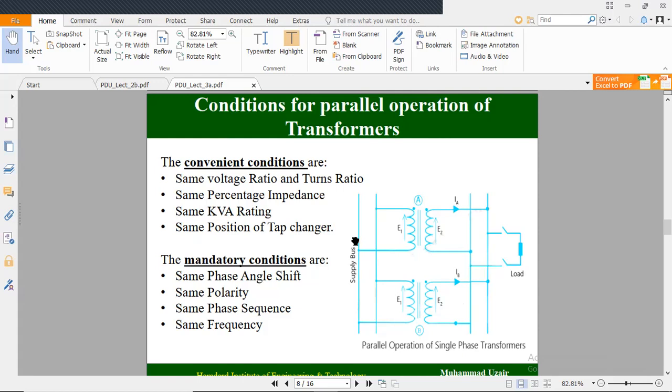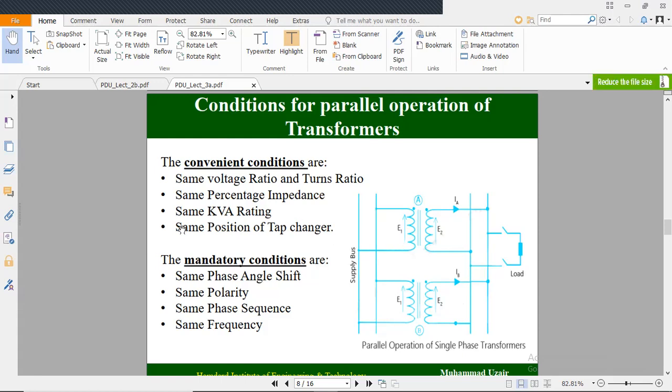Same kV rating: for parallel operation, their kV rating should be the same. I misstated this for you guys, so I apologize. For synchronization, the kV rating of generators is not necessarily the same, but for parallel operation of transformers, the kV rating of the transformers should be the same.